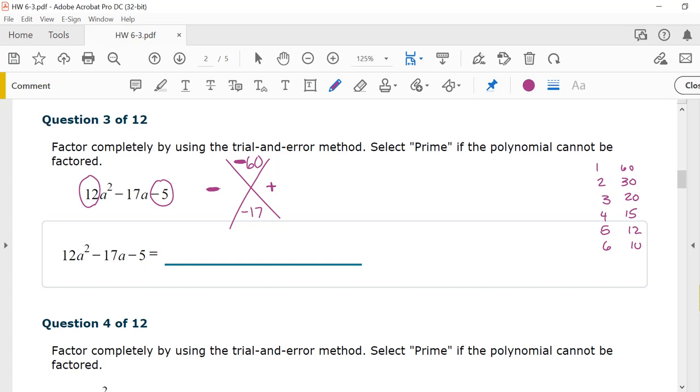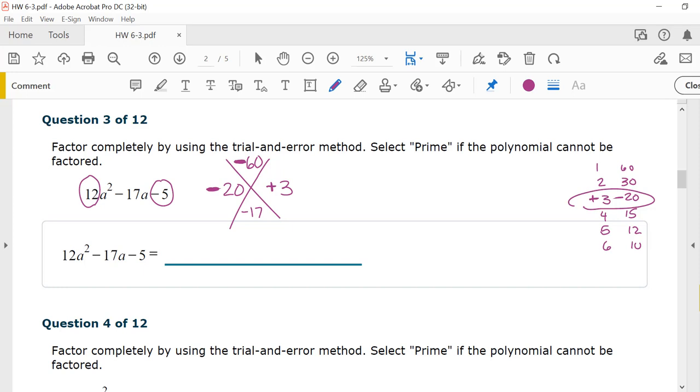Do you see any that, if you subtracted them, would give you negative 17? Positive 3 plus negative 20 would give me negative 17.